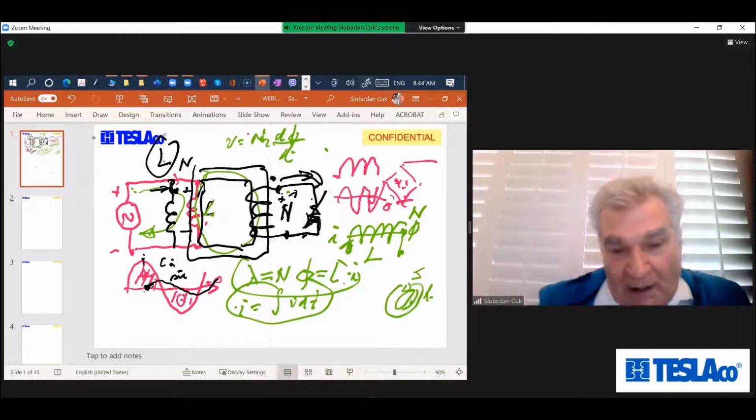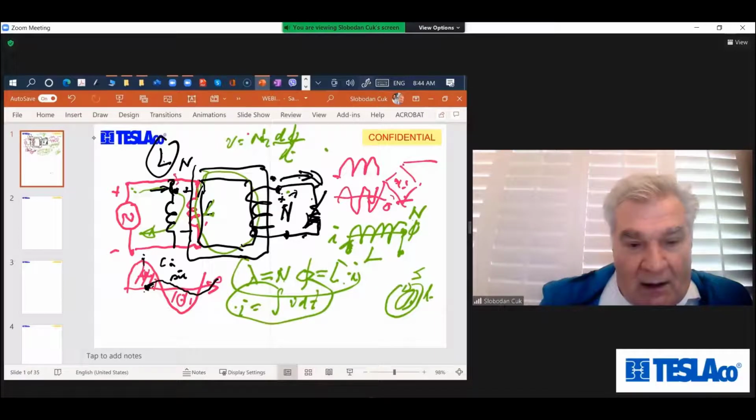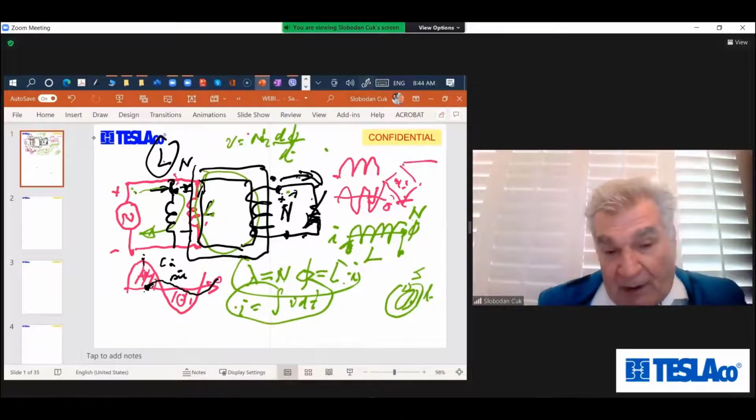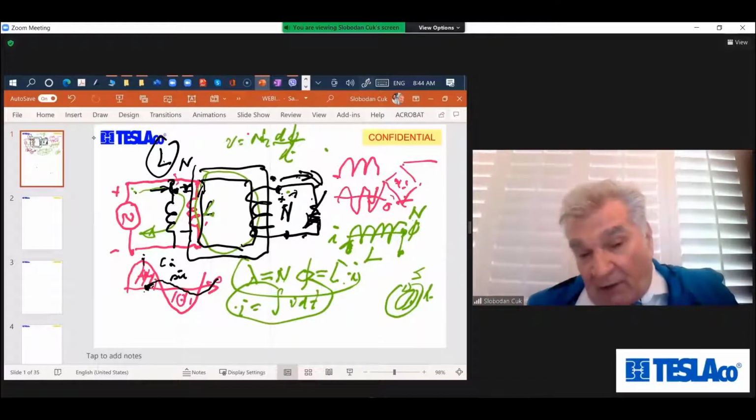So what happens? The secondary current is coming out of the dot, reflected here, coming this way. And the input current is also coming into the dot because that's the driving winding.